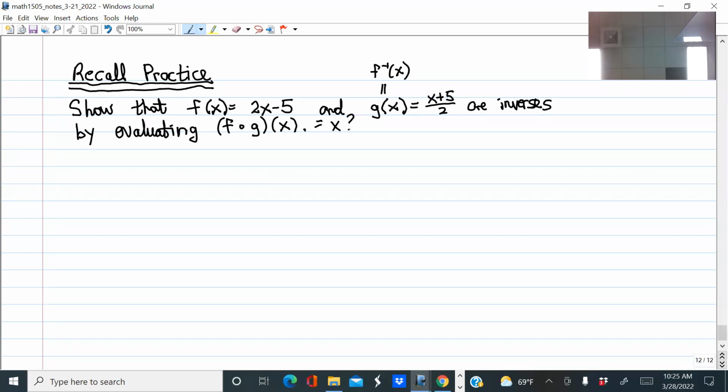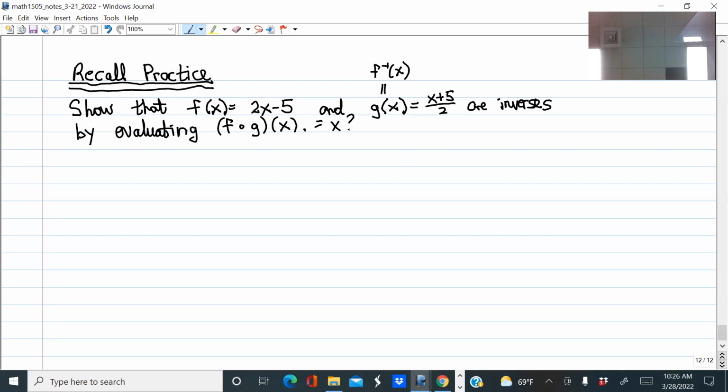f of g of x, right? So what happens? That's what you want, right? That makes sense. So what's that composed of?